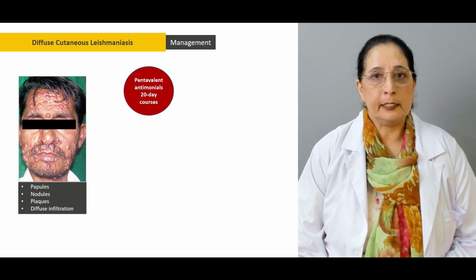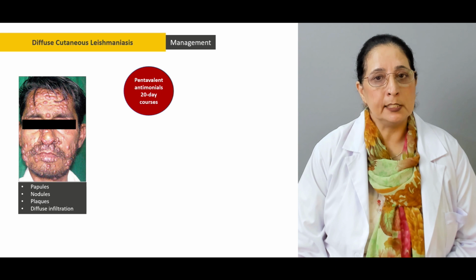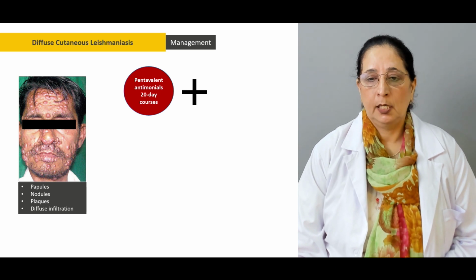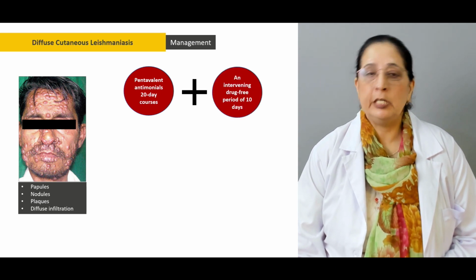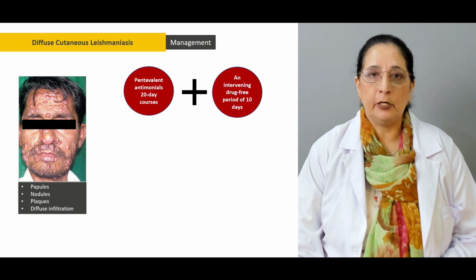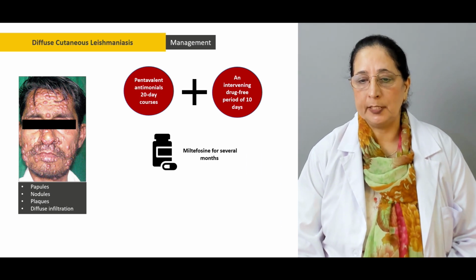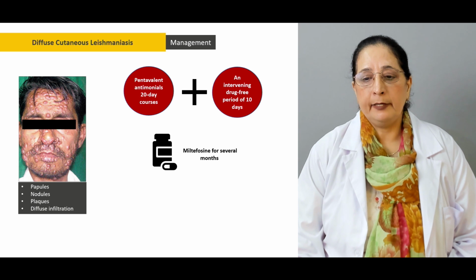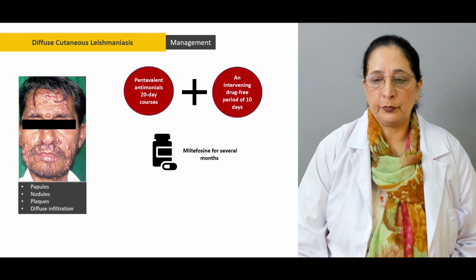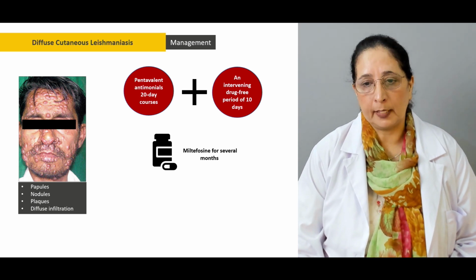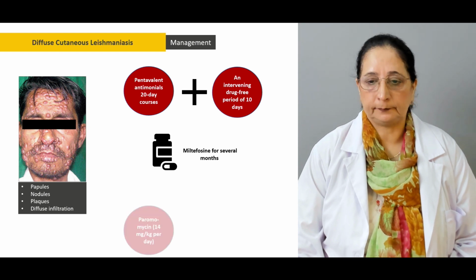Management is pentavalent antimonials, a 20-day course. Then we have an intervening drug-free period of 10 days after the 20-day course. Then miltefosine for several months can also be used.